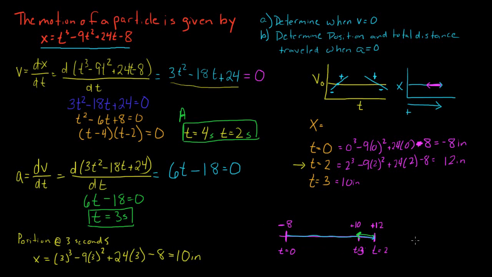So the total distance is going to be equal to delta x1, the change in our first time period, plus the change in distance in our second time period.